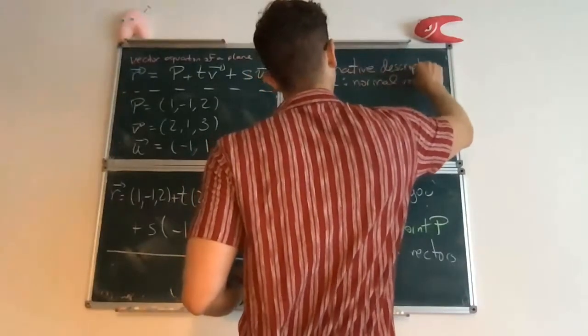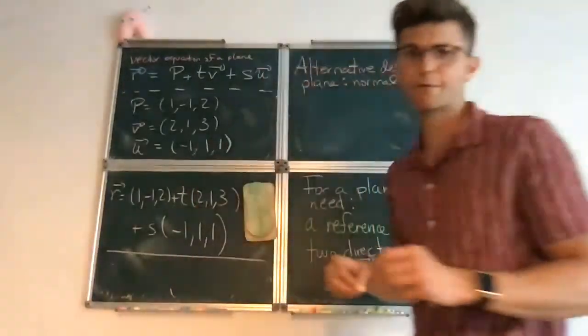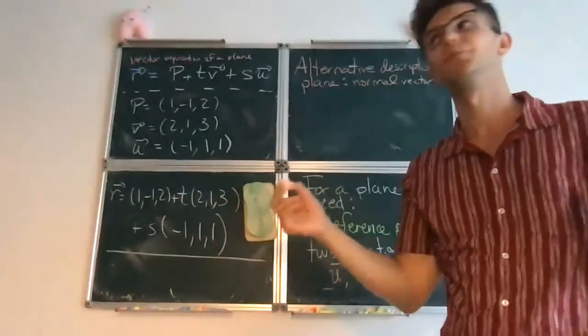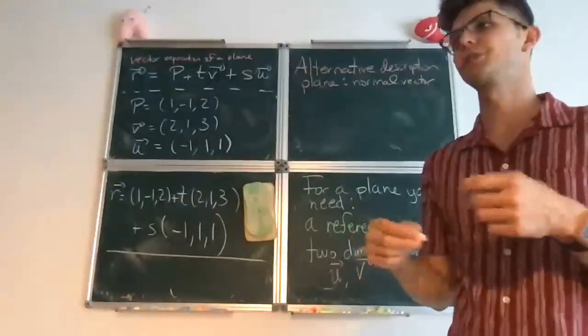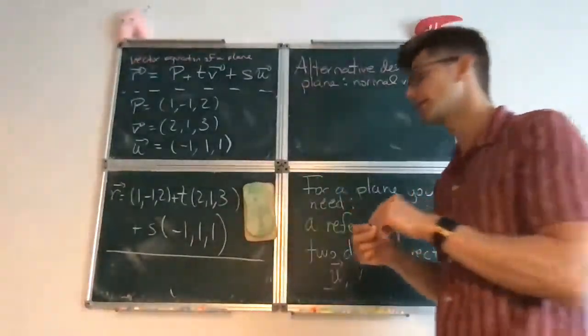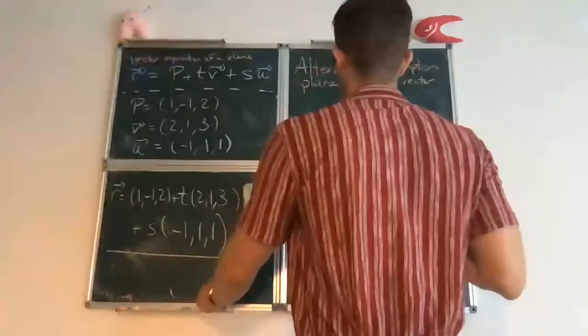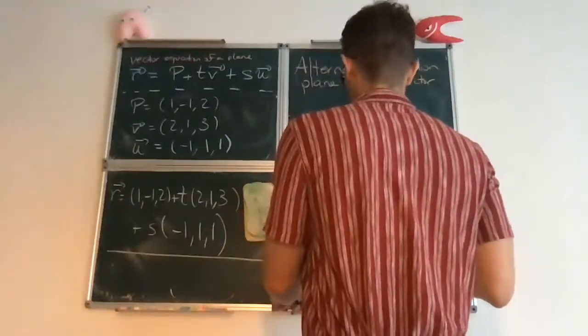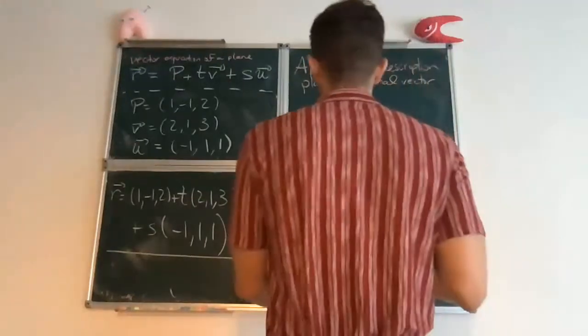The point is that in practice it's better just to find one vector than two. It seems like you're carrying less data, but it ends up being equivalent to just knowing the two direction vectors.